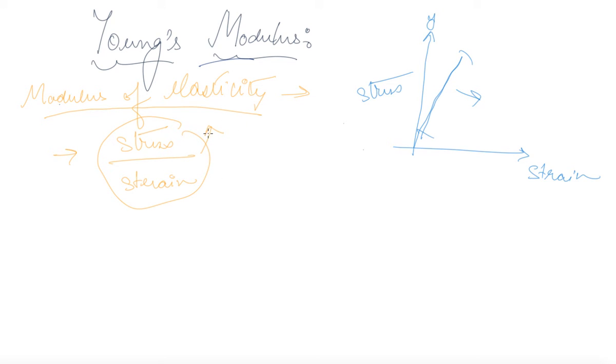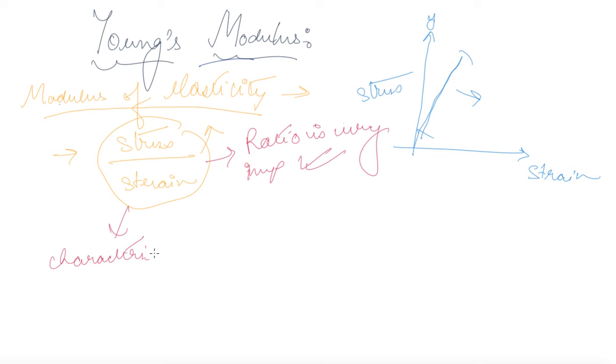Now this particular ratio is very important. The reason why is because it is a characteristic of a material.